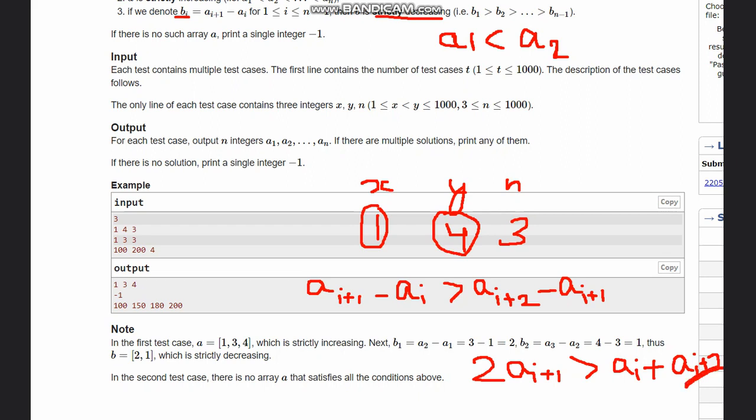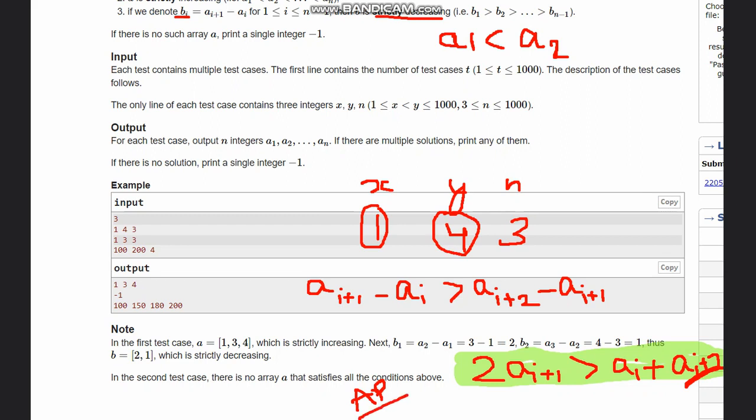Now this is our final equation, and we will be mainly focusing on it. As you see, this is none other than the equation of an arithmetic progression, also known as AP.